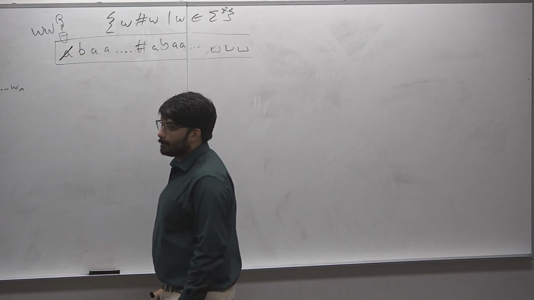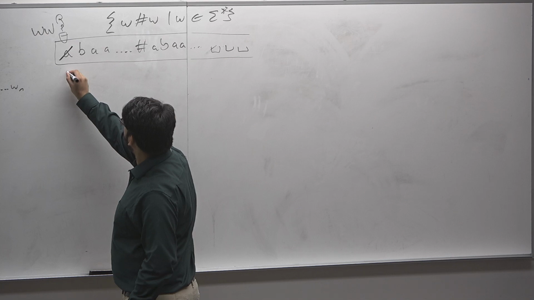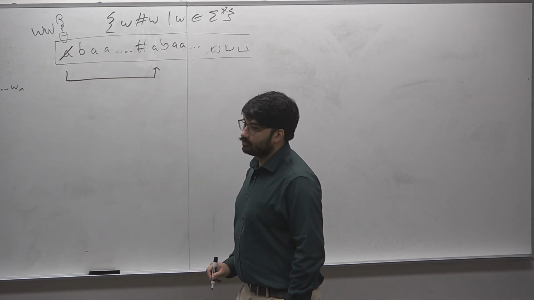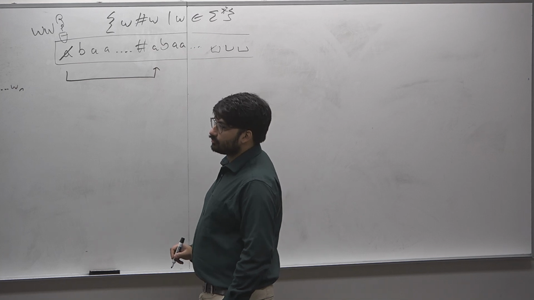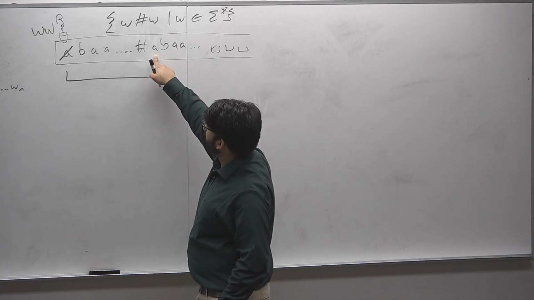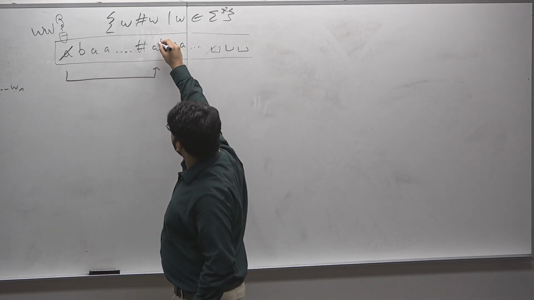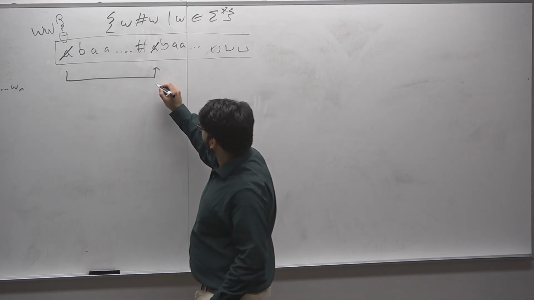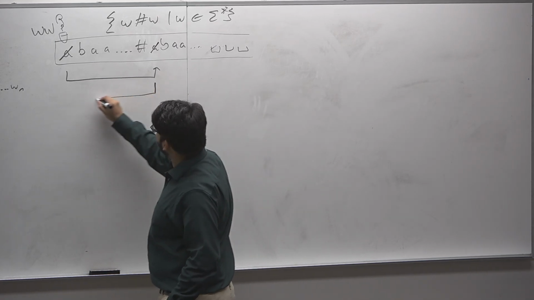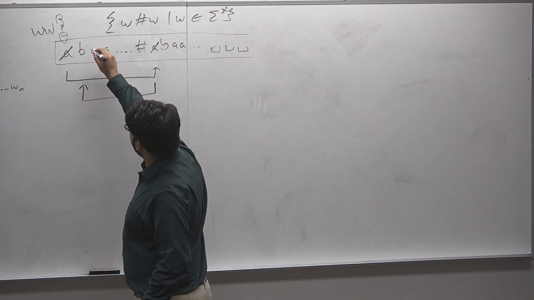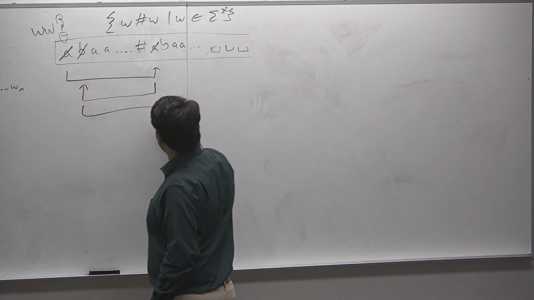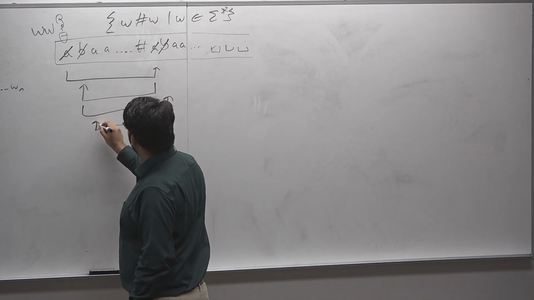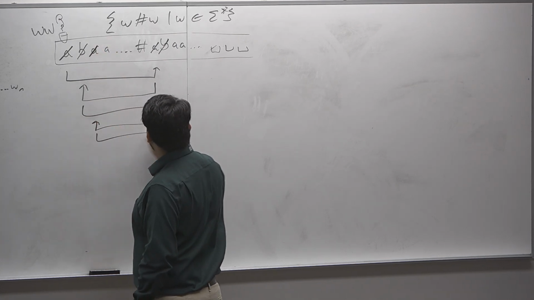Go over next to the hash, see the first letter that is not a hash, check whether it's the same as I remember, and put a hash there. And I just keep doing it until the left pointer is the hash now. I don't know whether this is the best way.